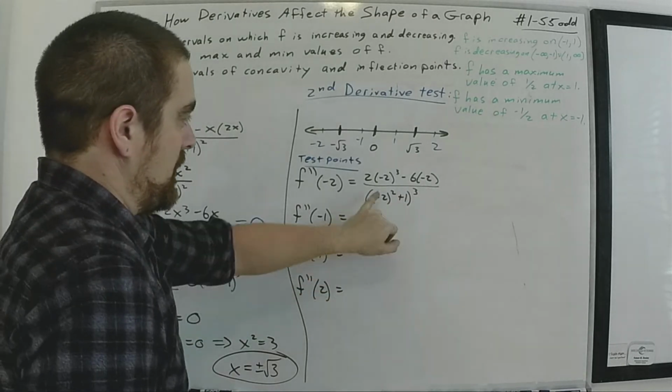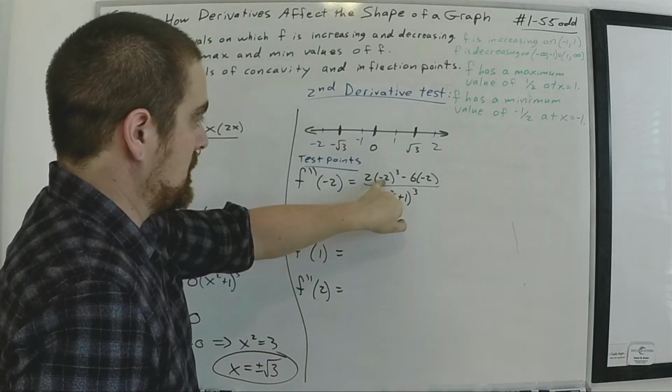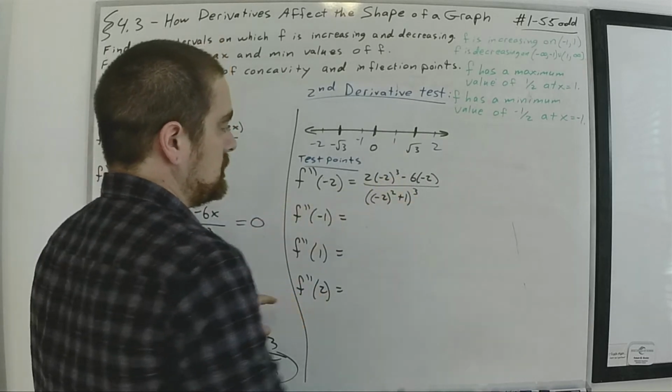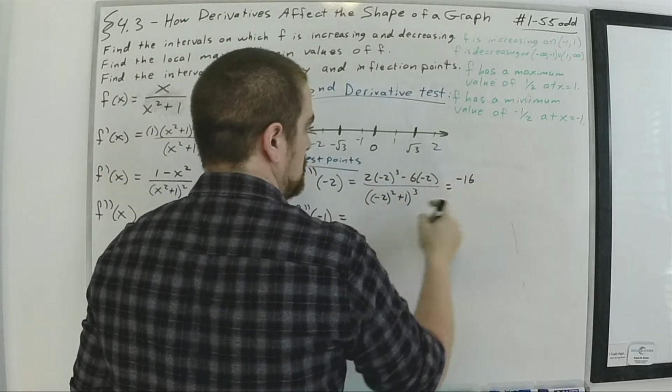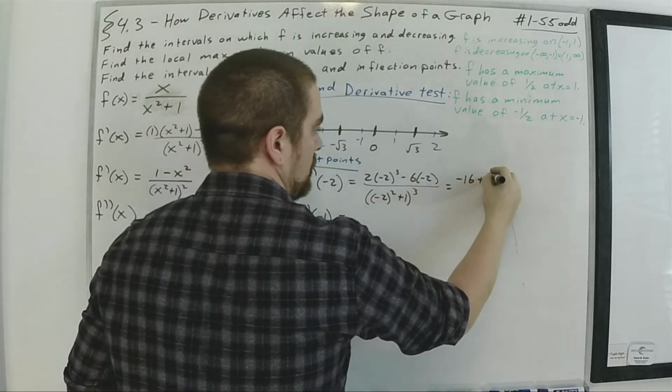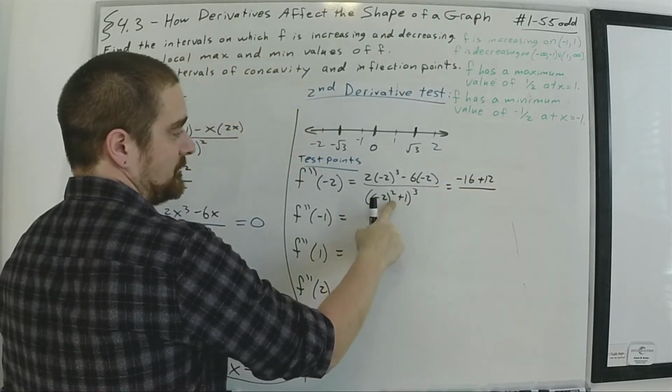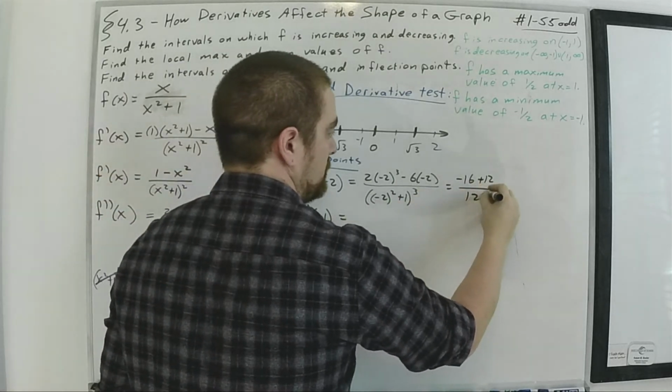And then just simplify as best we can. Negative 2 cubed is negative 8, times 2 is negative 16. This is positive 12. Negative 2 squared is 4 plus 1 is 5. 5 cubed is 125.